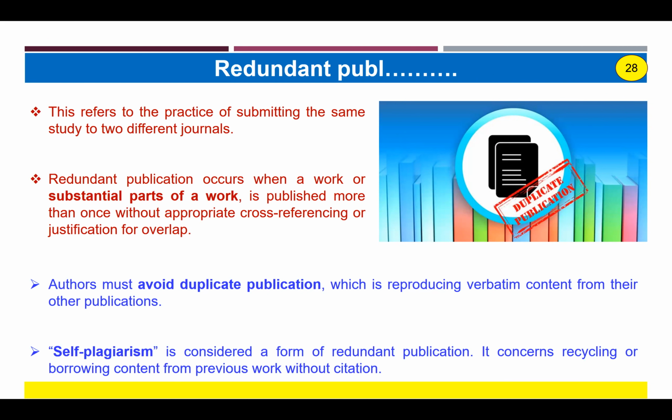For example, you may write a review, a research article, or a communication. The communication should have small content. Then you put it in an elaborative way in the article form, and you may combine others' findings with what you found and put it as a review.